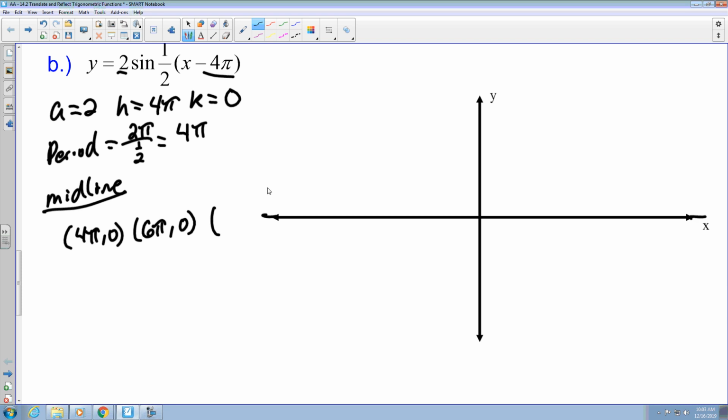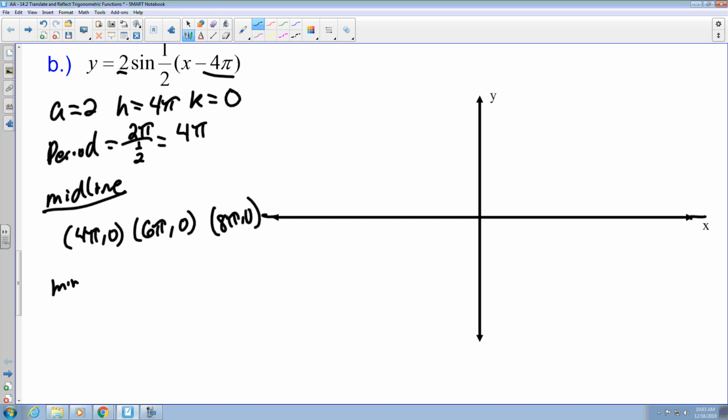And then finally, the last coordinate is the period, which is 4 pi, plus h, which is 4 pi, so that gets us 8 pi comma 0. So those are those 3 midpoints.